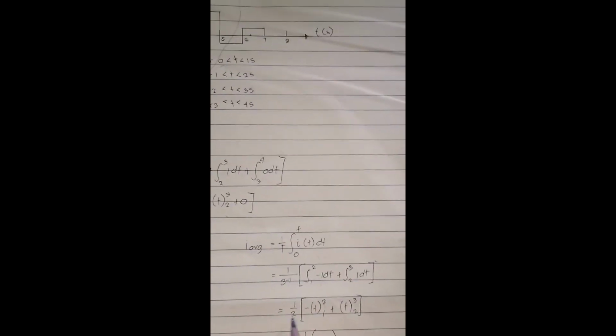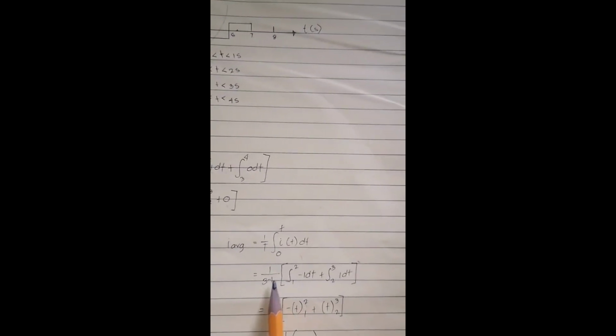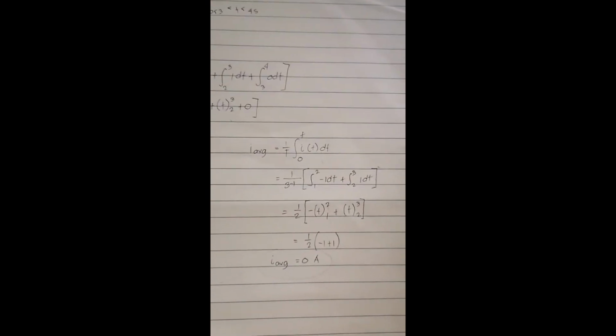By calculating this, 1 over (3 minus 1) is equal to 1/2, and taking the integral, it is equal to negative t, from 1 to 2, plus t, from 2 to 3. By computing this, it would result to 1/2 times (minus 1 plus 1), which is equivalent to 0. So our average current over the interval 1 < t < 3 seconds is 0 amps. So this would be our final answer.